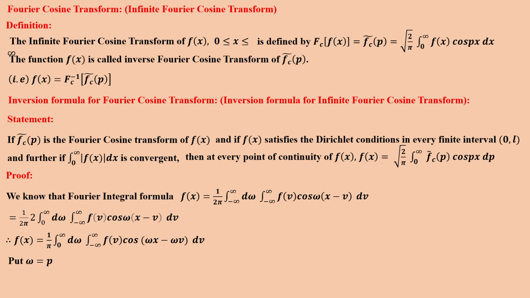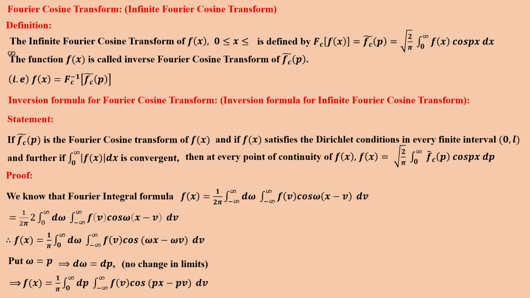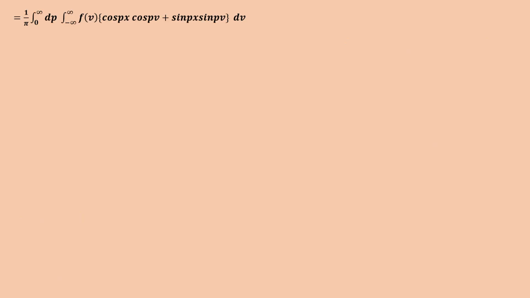Put omega equal to p, d omega equal to dp. There will be no change in the limit. So f(x) is equal to 1 by pi integral 0 to infinity dp integral minus infinity to plus infinity f(v) cos(px minus pv) dv, which is equal to 1 by pi integral 0 to infinity dp integral minus infinity to plus infinity f(v).